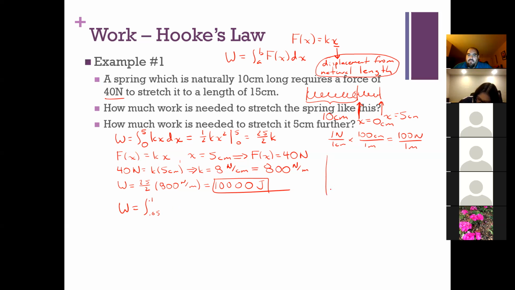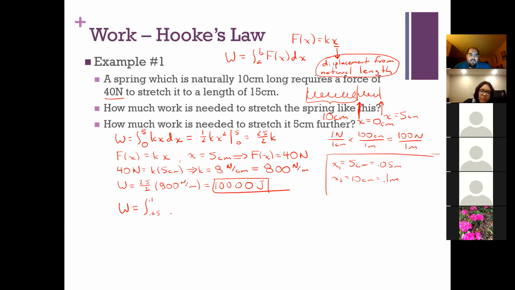Let me, off to the side here, x equals basically x1 and x2. This is going to be 5 centimeters or 0.05 meters and 10 centimeters or 0.1 meters. Is that what you're asking? Yeah, I just didn't make the connection. Thank you. Yep. Okay.